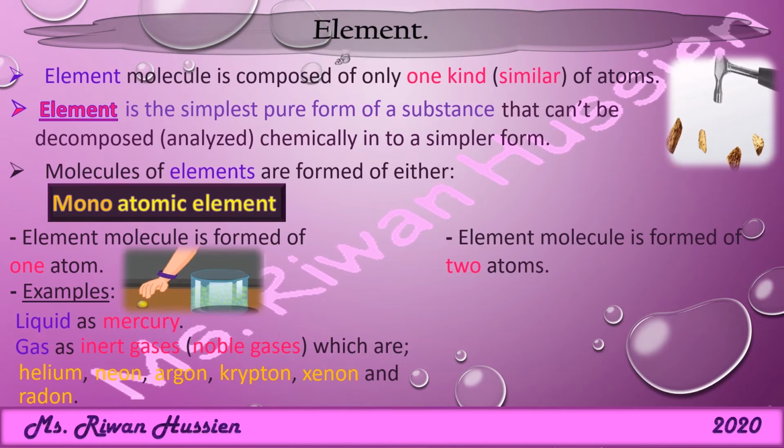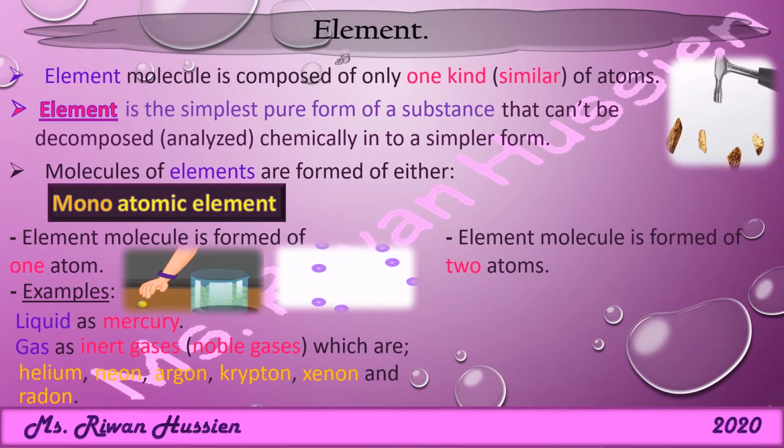Let's understand this with an animation. Argon is a gas found in nature containing argon atoms only. Many argon atoms come together to form an argon element.